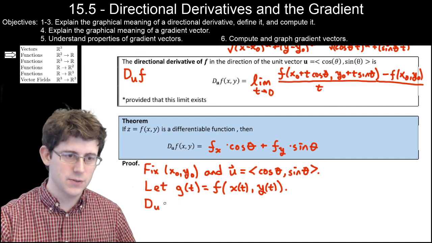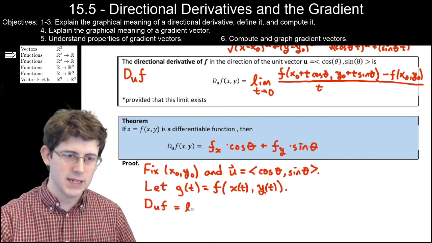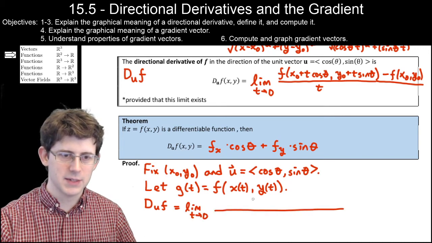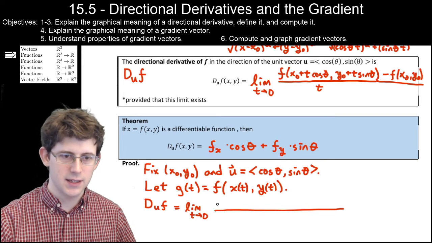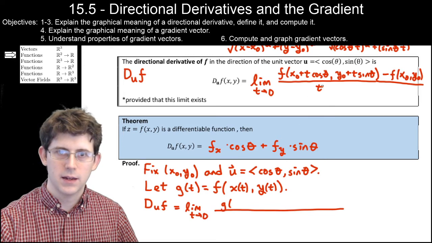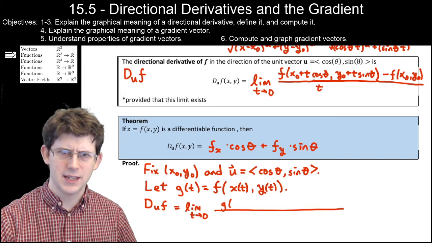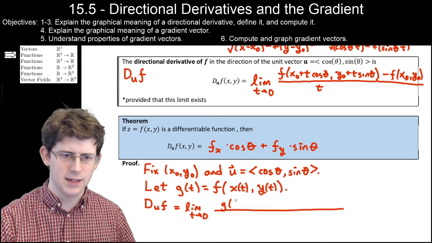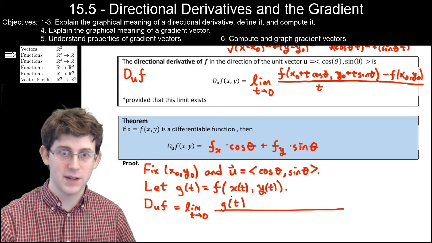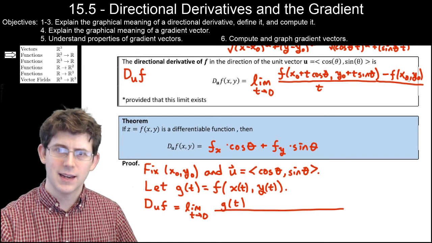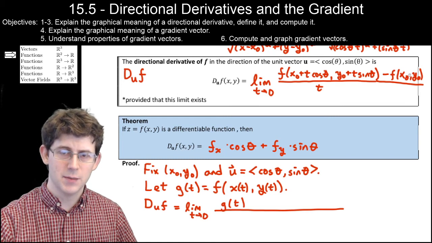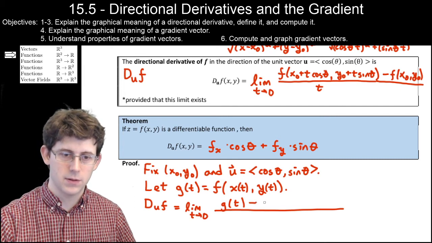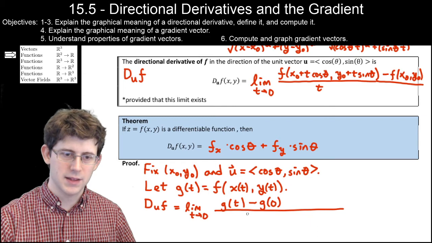The definition is that D_u f is the limit as t approaches 0 of, okay, we got some stuff here. This is g with just a t plugged in, because it's literally f of x, y. And then over here, this is g with a specific t plugged in, namely t equals 0. And this is all divided by t.